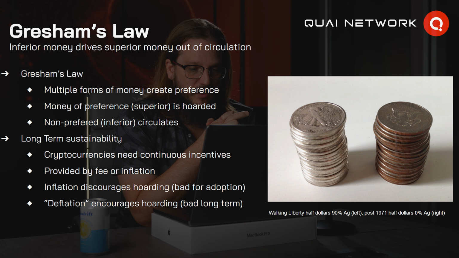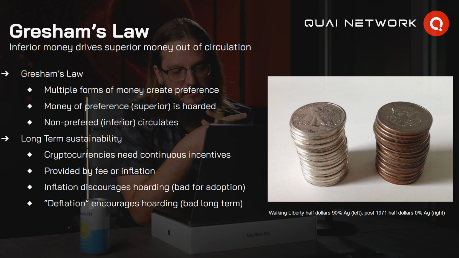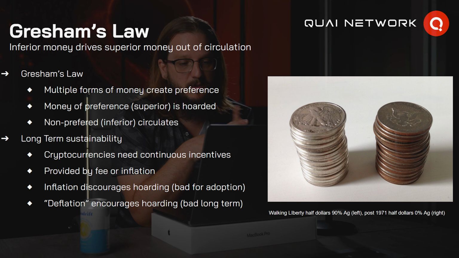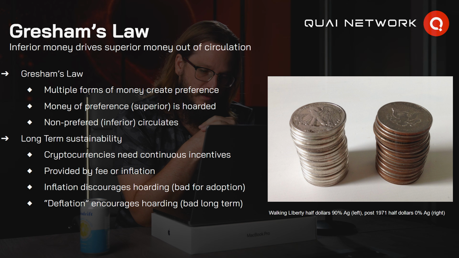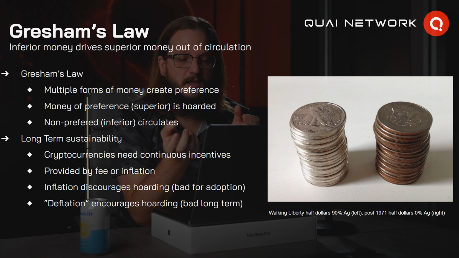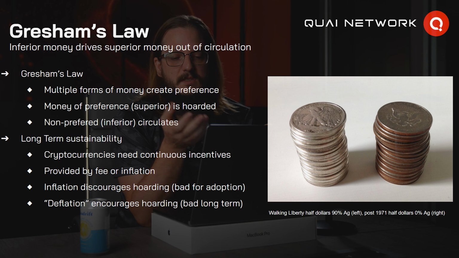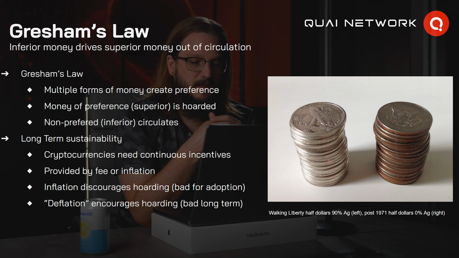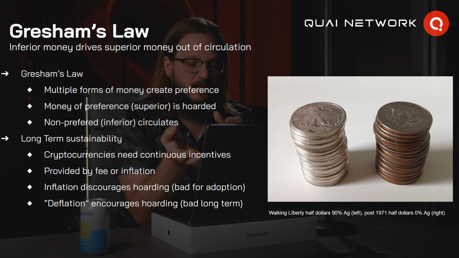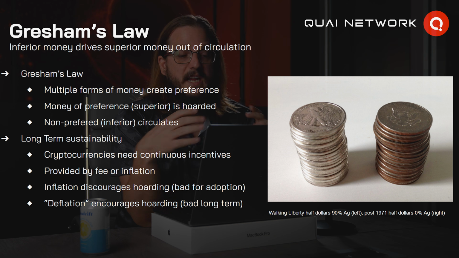A lot of times in history, this has been what we refer to as specie, or a bullion-based unit, like a gold or silver coin, compared to a token or note that does not have the same intrinsic value as a gold or silver coin. That could be a cheaper copper or nickel coin, or a banknote.